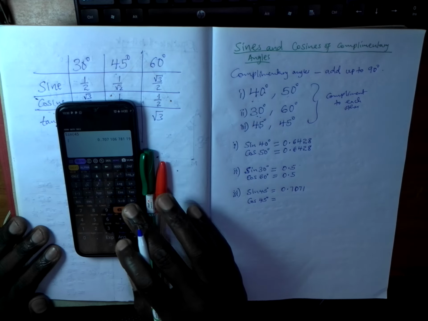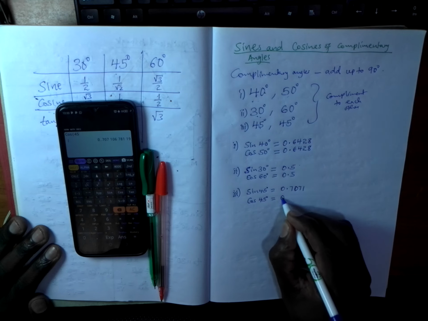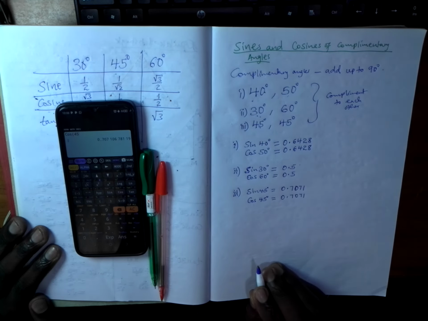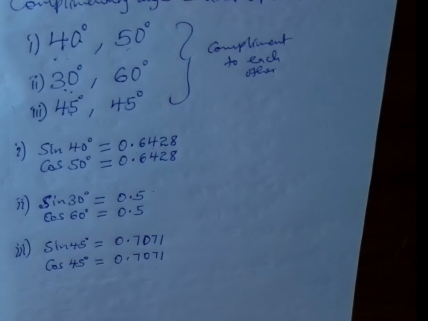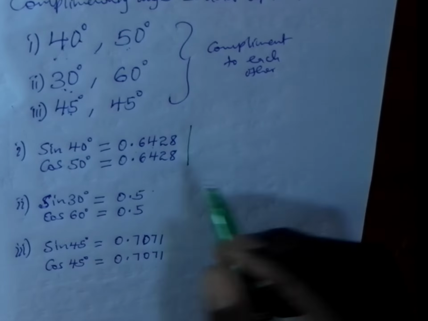The same case applies to cosine of 45, 0.7071.